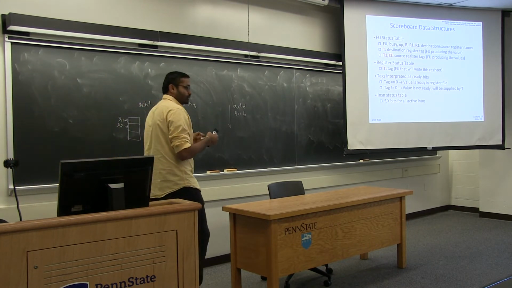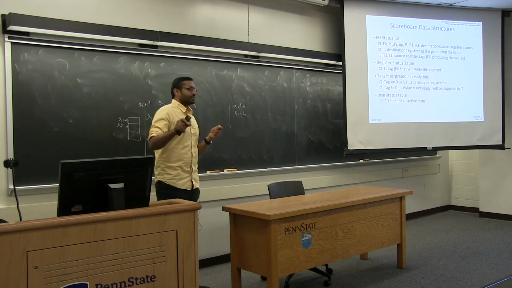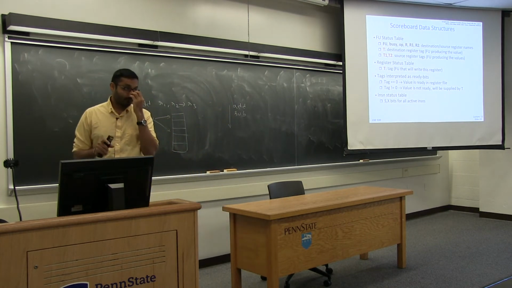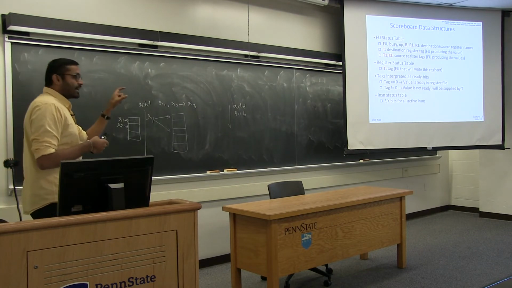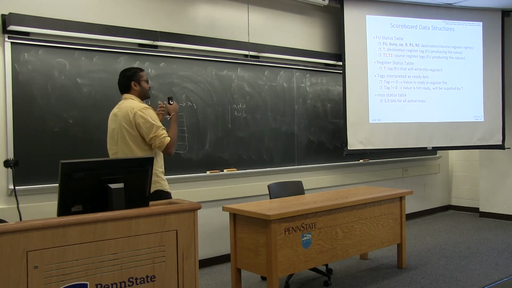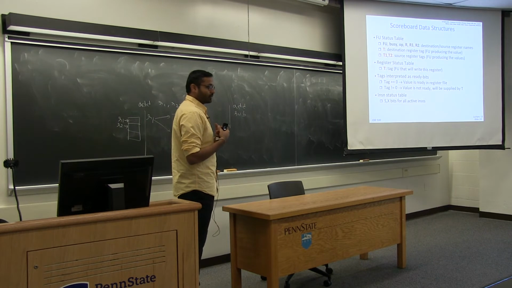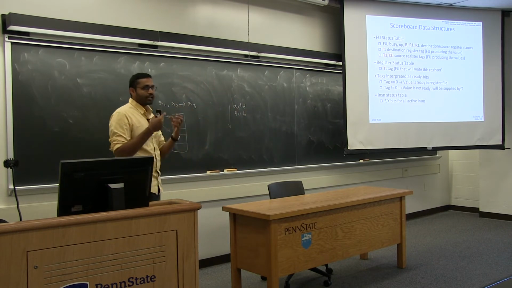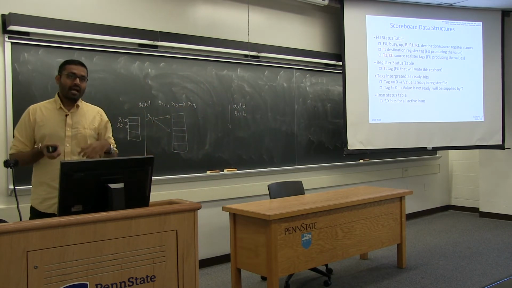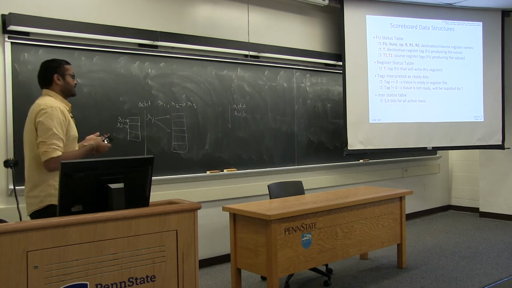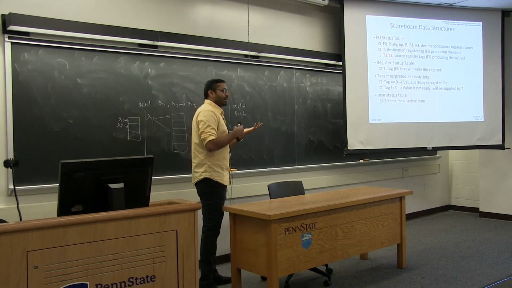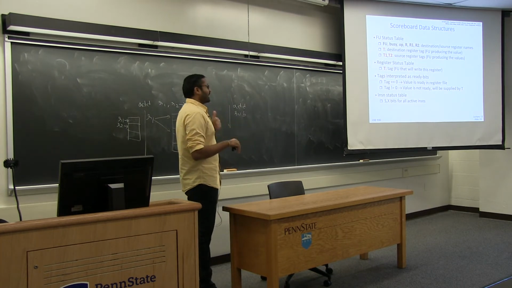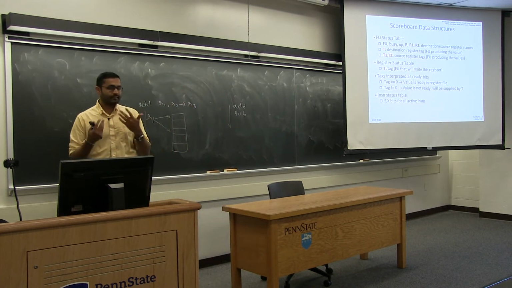If they are 0, then the value is ready and is present in the register file, and that is where we get the value from. If it is non-zero, then the tag value tells us exactly who is going to supply the value. Right? So we wait for that entity to provide the value. And then finally, we have an instruction status table that maintains whether an instruction has been issued, has it been executed, and so on. And this is also useful in figuring out these dependencies.